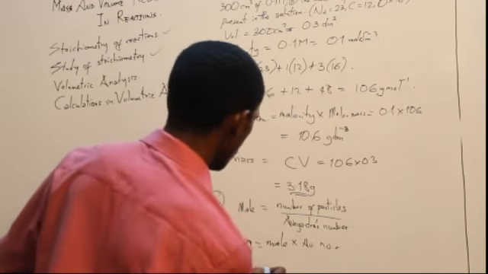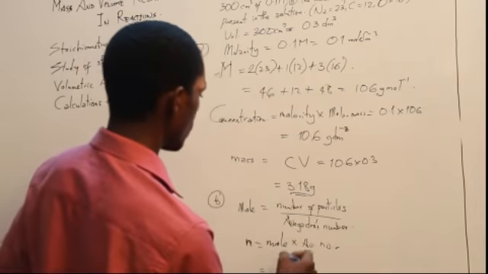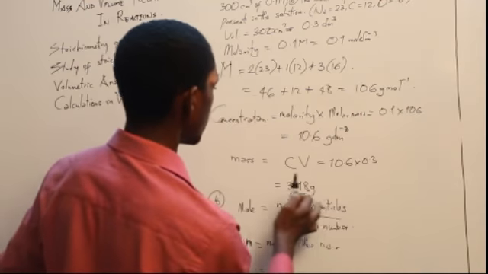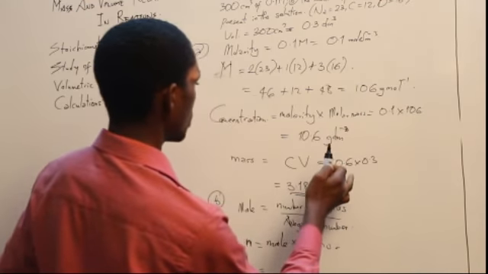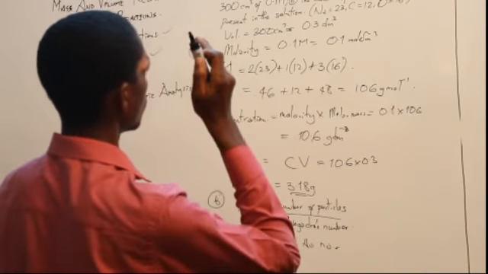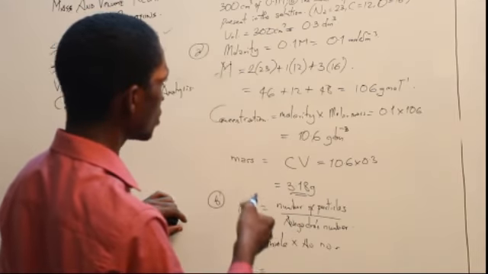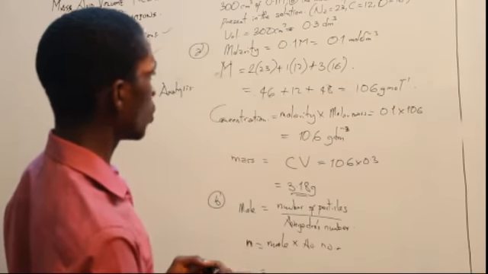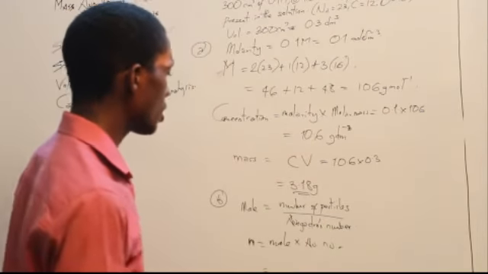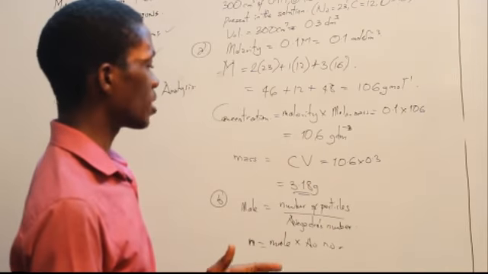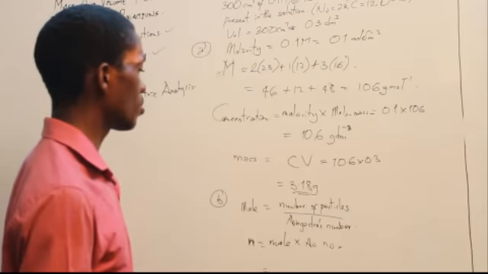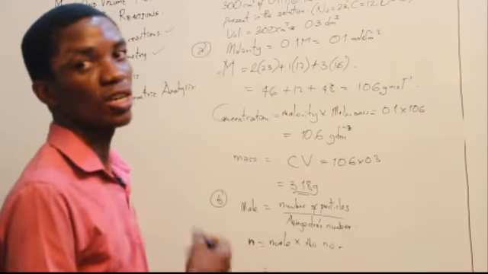So when I multiply it, I want to bring in the entire setup, my molarity and my volume. If I go ahead to do that, it means I'm going to simply ignore the part that talks about the molar mass, because the molar mass has no effect on it here.